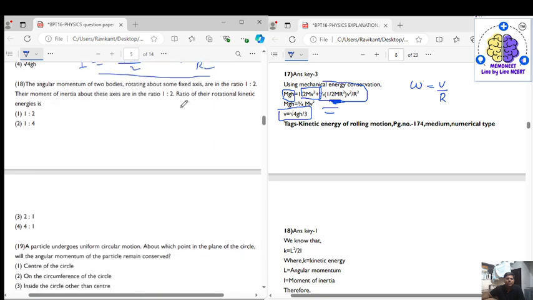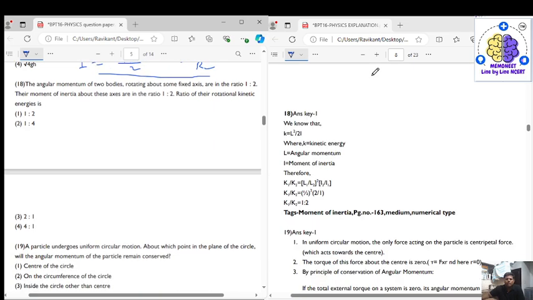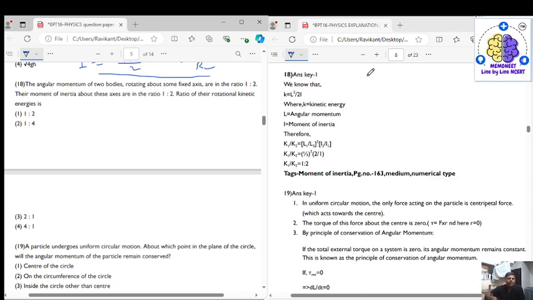Coming to question number 18. Question number 18 says that the angular momenta of two bodies are in the ratio L1 upon L2 equals 1 upon 2. If the moments of inertia about these axes are in the ratio I1 upon I2 also equals 1 upon 2, find the ratio of the kinetic energy.